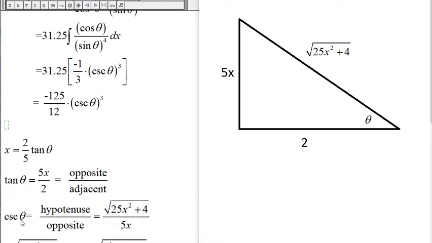Cosecant from trigonometry is hypotenuse divided by opposite. So the hypotenuse is the square root of 25x squared plus 4. The opposite side of the angle theta is 5x. And so cosecant of theta is this.